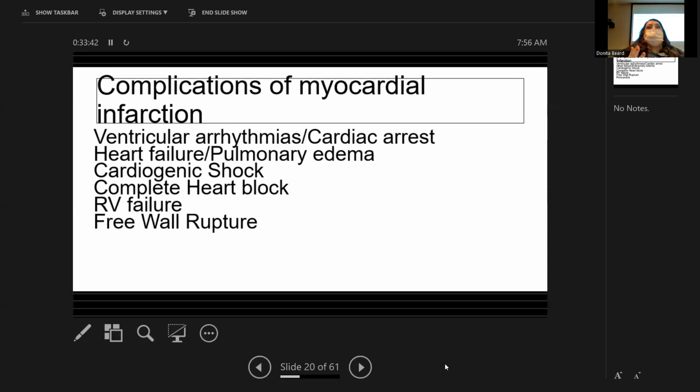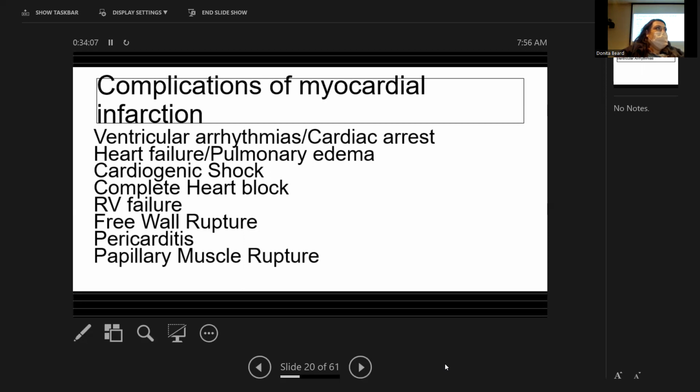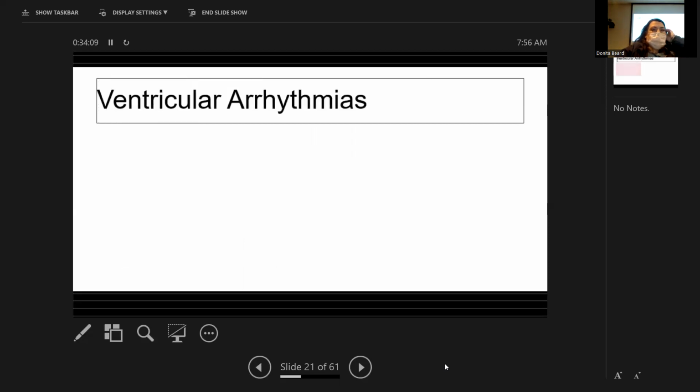We don't see them as much because there's been such an awareness about heart attacks and getting to the cath lab early and getting the vessel opened up, that some of the free wall rupture and papillary muscle rupture you don't see as much anymore because we're able to get reperfusion early enough. Pericarditis is another one. And then papillary muscle rupture. I did not put stent thrombosis, but that definitely can for sure be one.